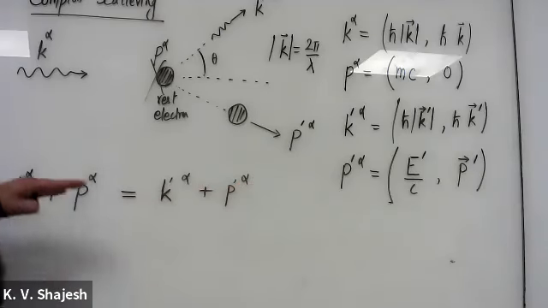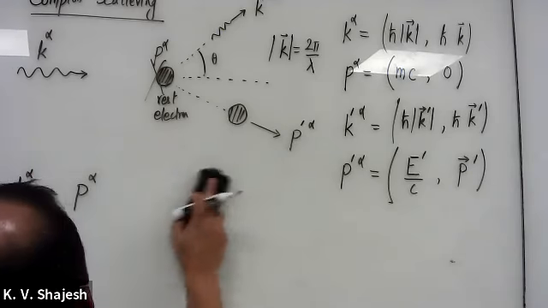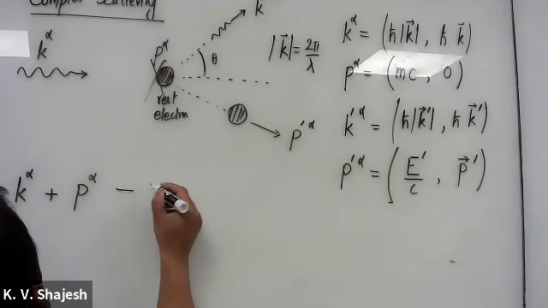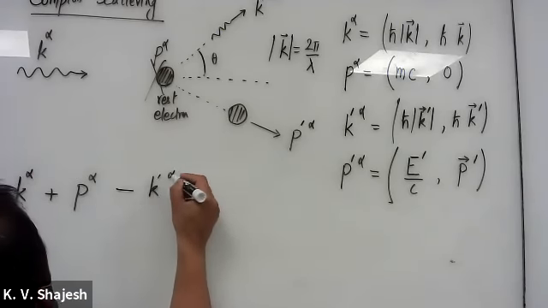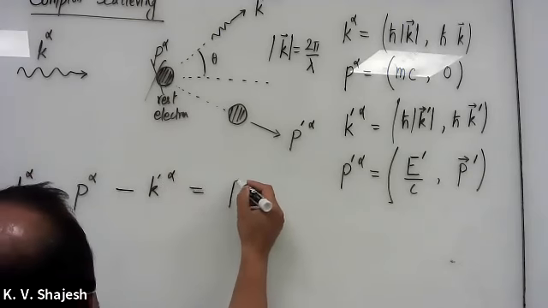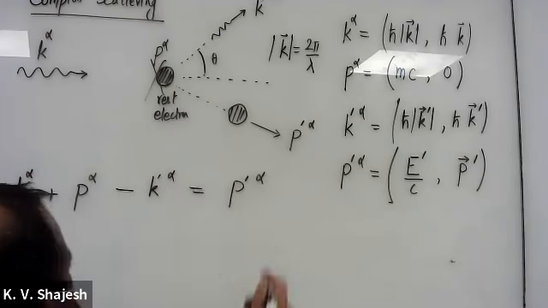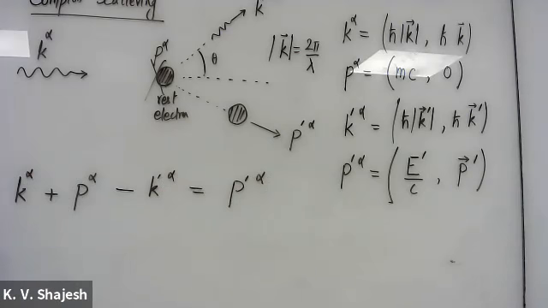Notice these are four components, energy and momentum. Each of the components is satisfied. But let me write this onto the left and write this as minus K prime alpha is equal to P prime. That has this feature that when I square this, this becomes a simple equation to deal with.